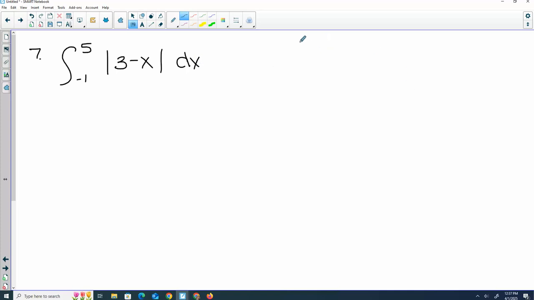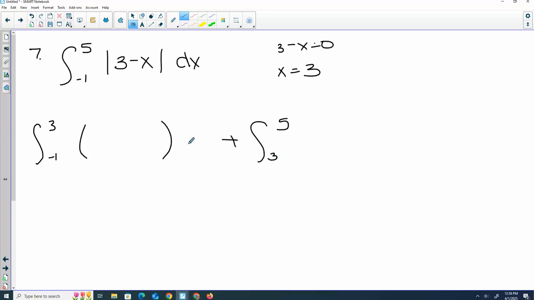So for an absolute value, we have to think about the pieces. The breaking point is when the inside is equal to 0. So that's when x is 3. So we're going to integrate from negative 1 to 3, and then from 3 to 5. Okay, if you are between negative 1 and 3, so give me a number between them, like 0.